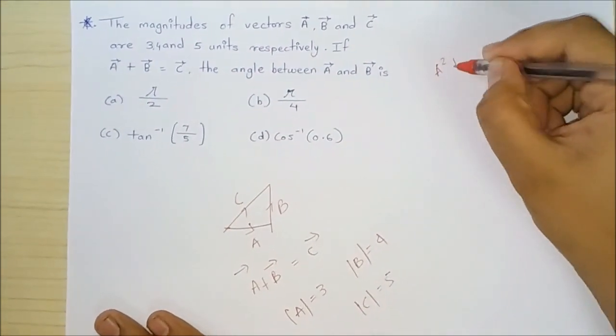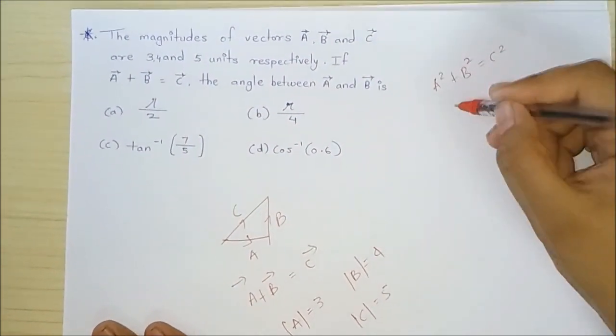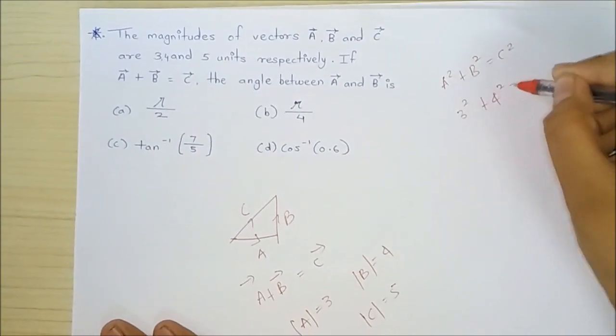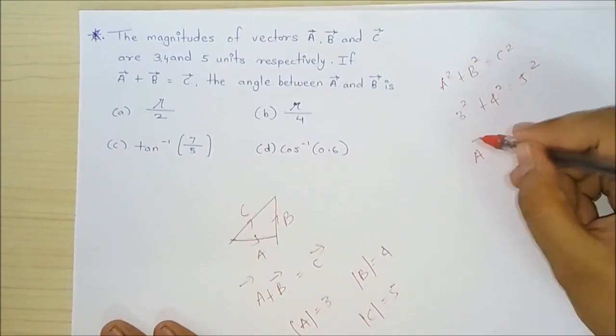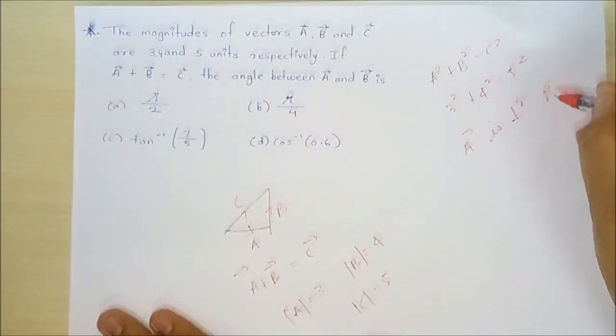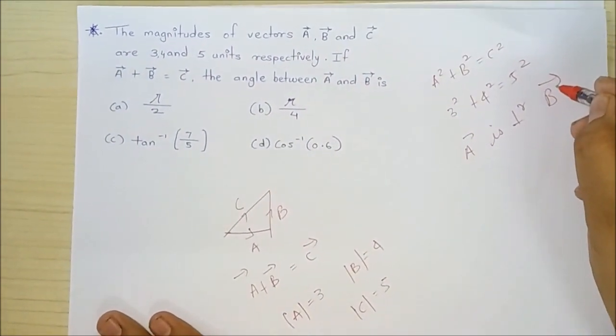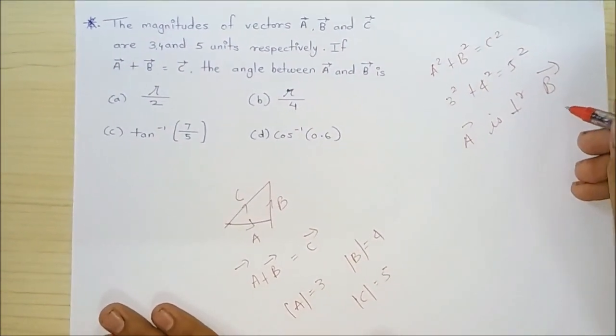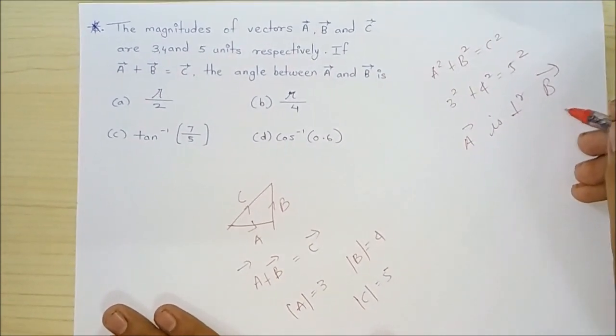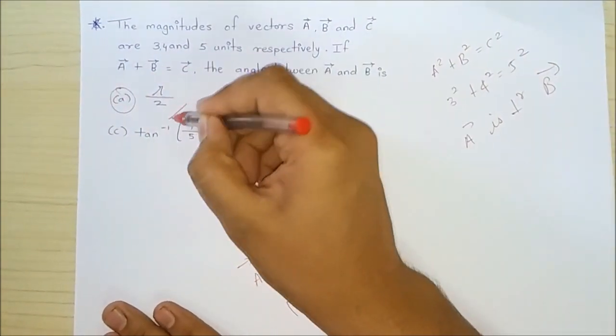Therefore, A square plus B square is equal to C square, so 3 square plus 4 square is equal to 5 square. Therefore, A is perpendicular to B, and the angle between A and B is 90 degrees, which is pi by 2. So option A, pi by 2 is the correct answer.